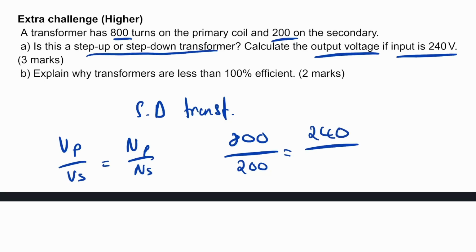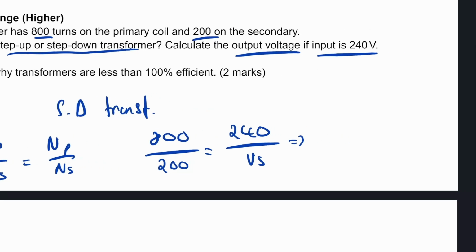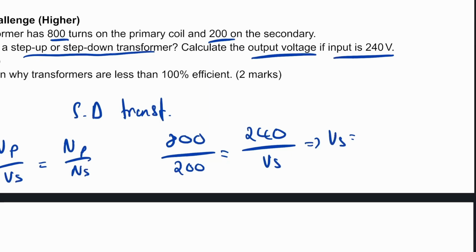The output voltage is whatever is on the secondary coil, which you can write as Vs. Then you want to rearrange for Vs. Because this is a proportion, you could just flip these around. So you'd get 200 over 800 multiplied by 240 should give you the voltage on the secondary coil. If you plug that into your calculator, you should get an answer of 60 volts.